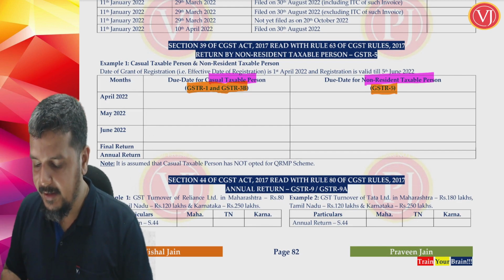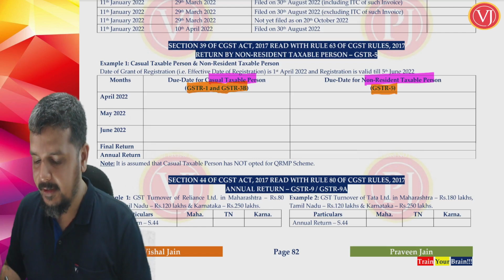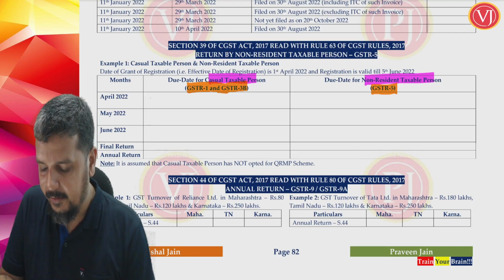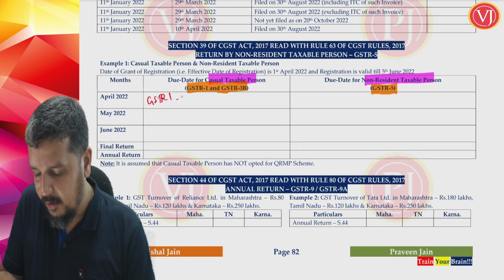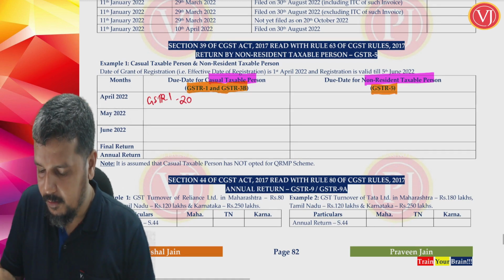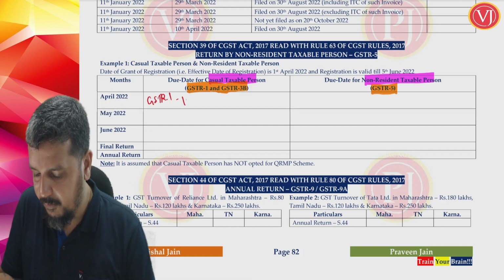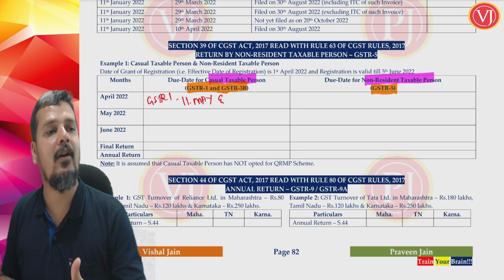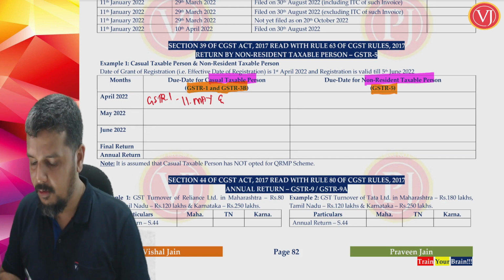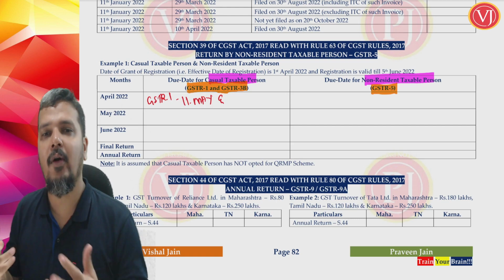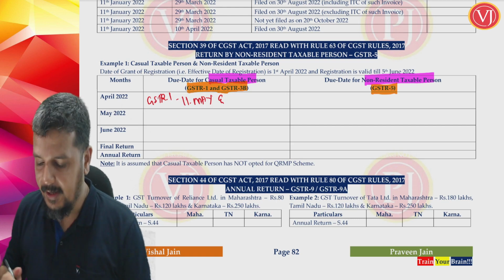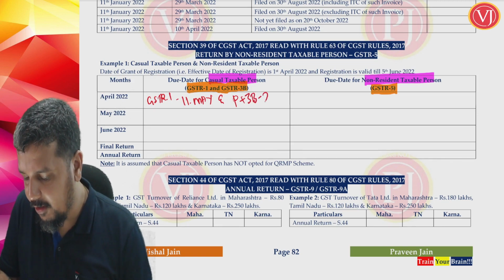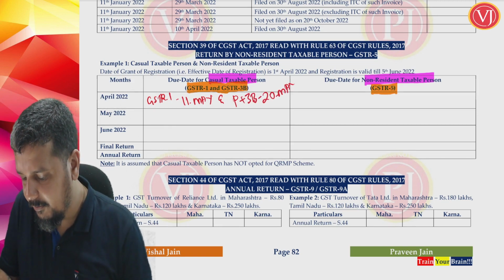For April month, what would be the answer for your casual taxable person? Your CTP will file GSTR 1 on or before 11th of May. Don't worry, there is an assumption written below that they are not under the QRMP scheme. If they are under QRMP scheme, we know what the due date would be. And they will make the payment plus file their GSTR 3B on or before 20th of May.